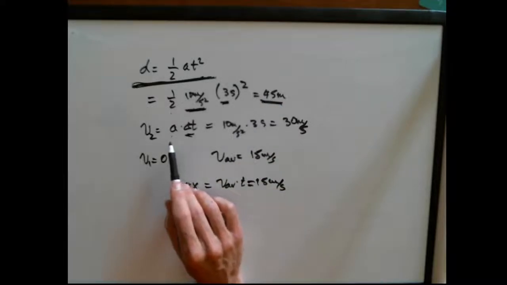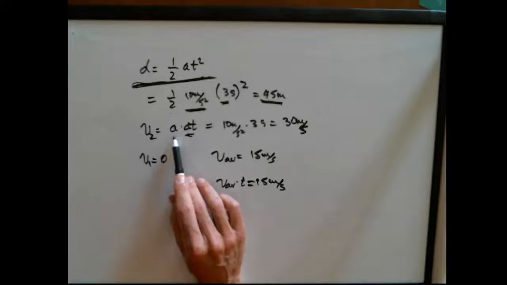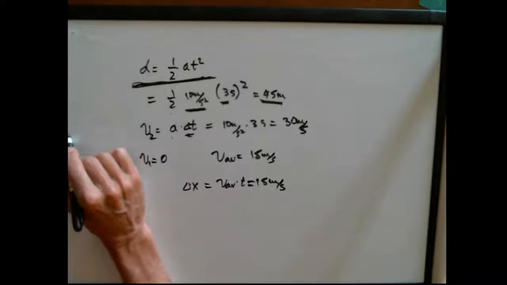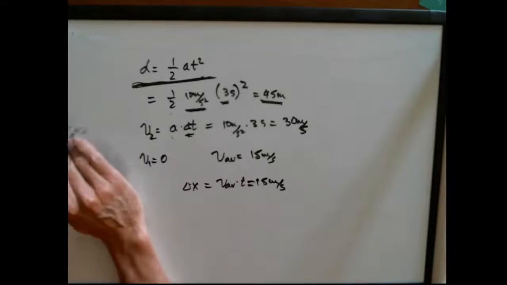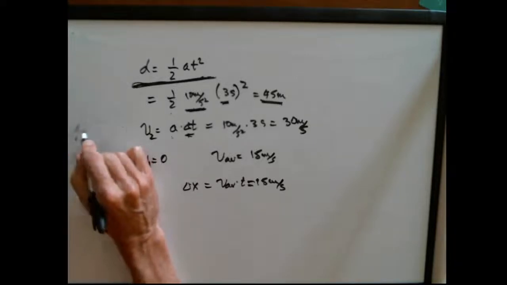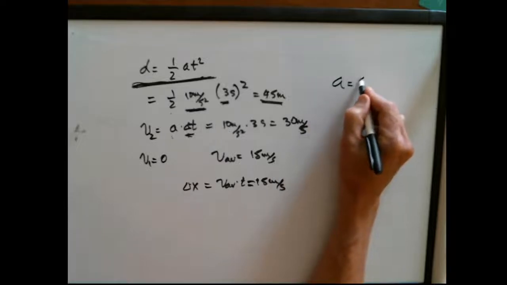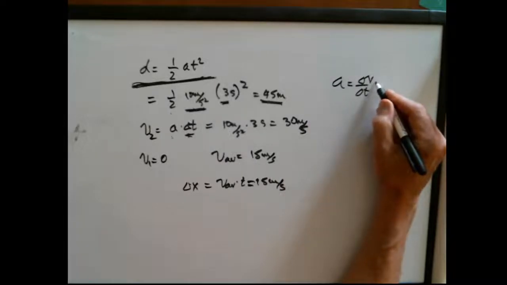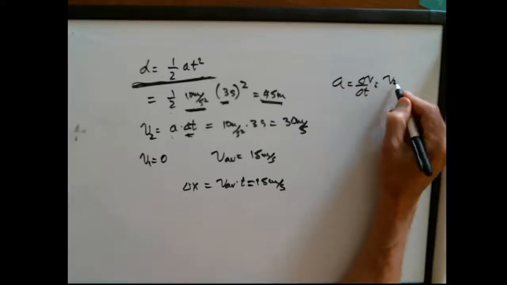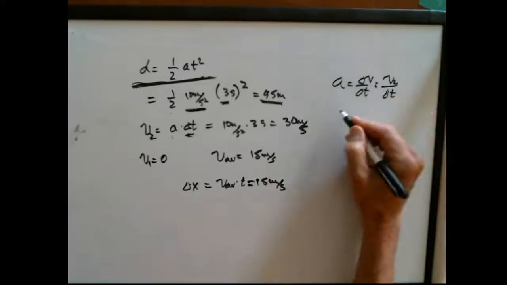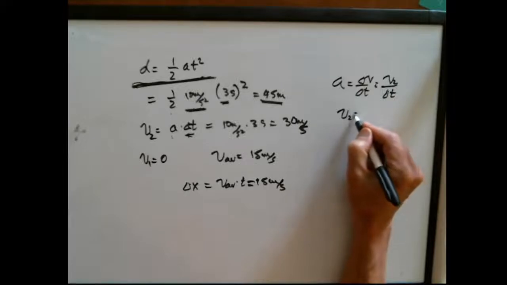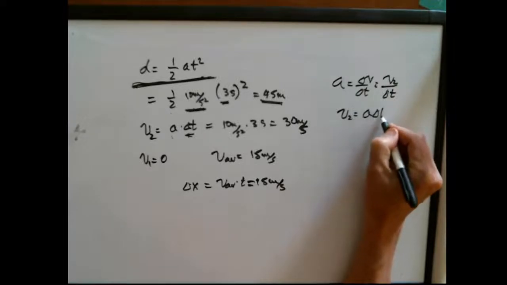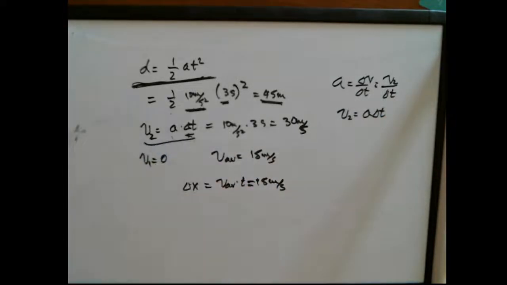You can also say that its final velocity is just the acceleration times the time. That comes from the definition that the acceleration, I'll write it over here, is equal to the change in velocity over the change in time. If V1 is 0, this is just V2 over the change in time, or with a little algebra, V2 is equal to the acceleration times the change in time, which is what I wrote here.